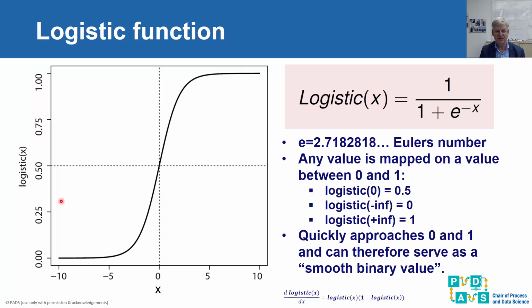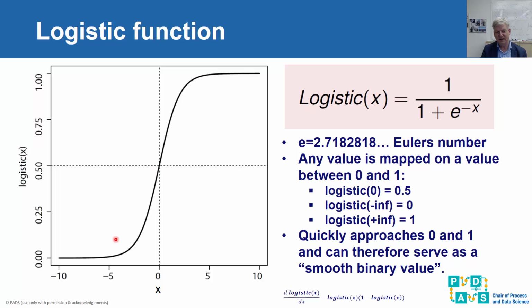And this is visualized here. So negative values lead to a value close to 0. Positive values lead to a value close to 1. Values that are around 0 are mapped onto 0.5.